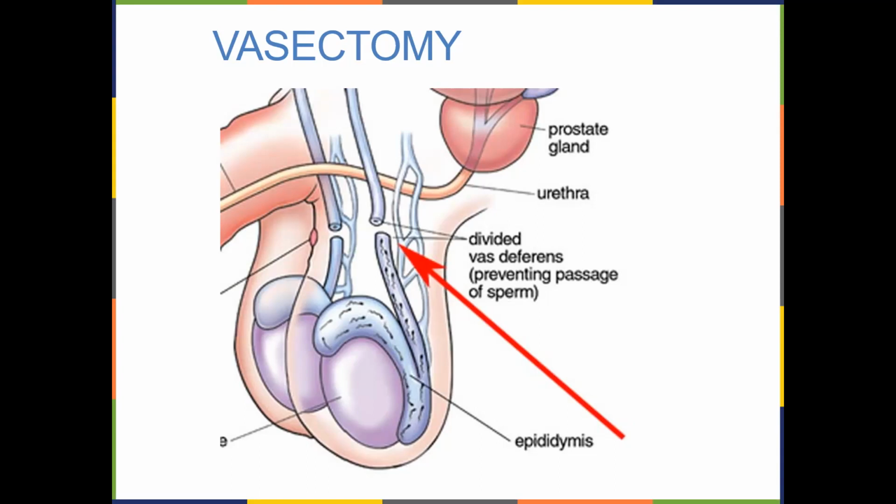And it's also possible, but very unusual, that the ligation lets go. It'd be an amazing occurrence for sperm cells to find their way through the cut tube into the other side that is cut. But nothing's impossible. Still, a vasectomy is almost 100% reliable.